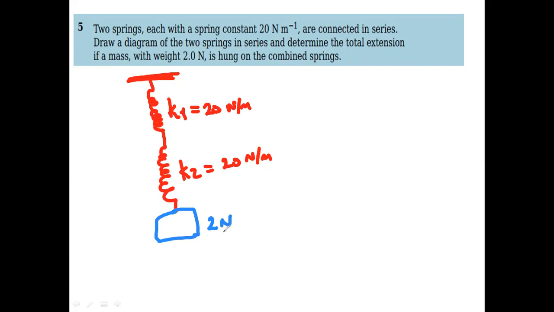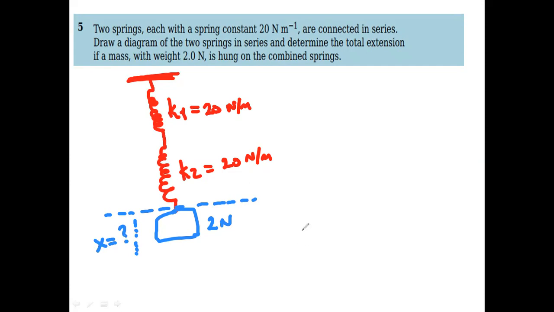How many centimeters or meters they will extend from their original position. Let's call this position the original position here. From that point, how far it will go down. We should find that amount, which is basically X.